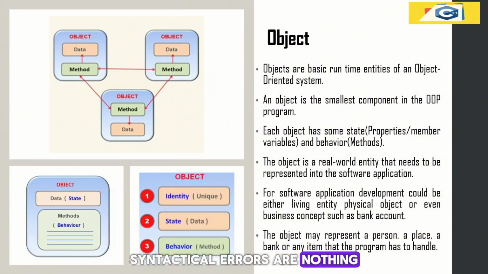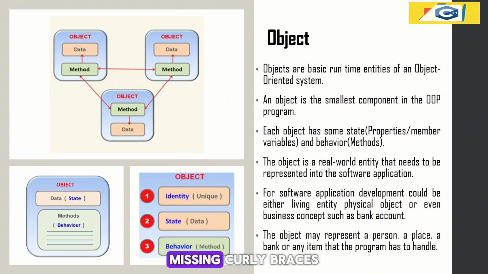Syntactical errors are nothing but a semicolon missing or a curly brace not closed. All these errors we get to know during compile time. What about runtime? Runtime will either give you logical errors or it will give you a proper output.